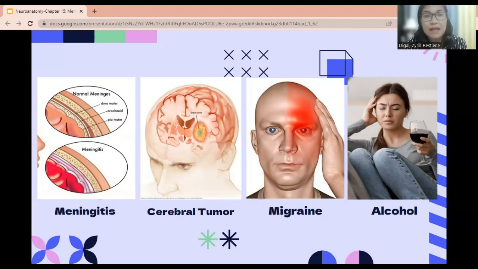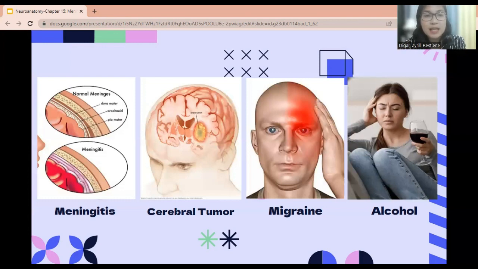If you have an expanding cerebral tumor, this raises the intracranial pressure, which then causes continuous and progressive headaches. If your tumor is located above your tentorium, the pain is in your forehead, whereas if it is located below the tentorium, your headache is located at the back of your head.